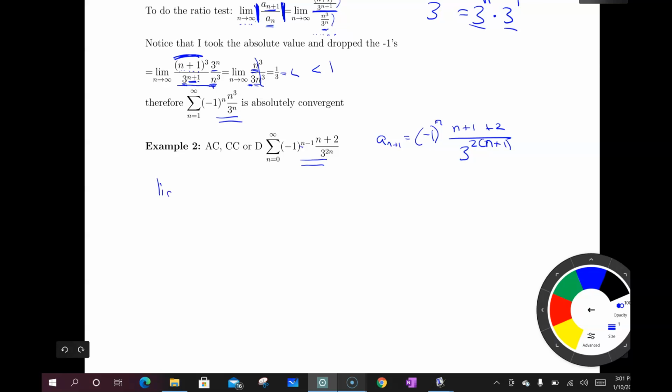Okay, so here I go. Limit as n goes to infinity. And I've got the absolute value bars, and I'm tossing the -1s, right? Well, maybe I'll just write them in one time so you can see. So here I'd get n plus 3, 3 to the 2n plus 2.